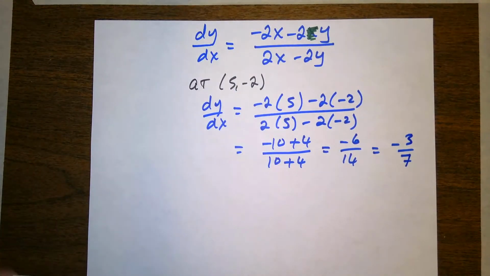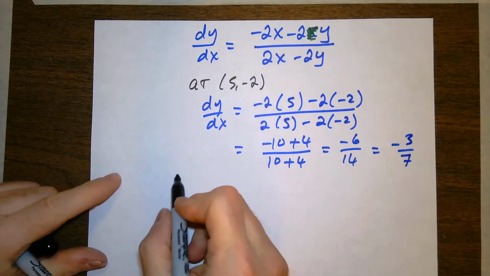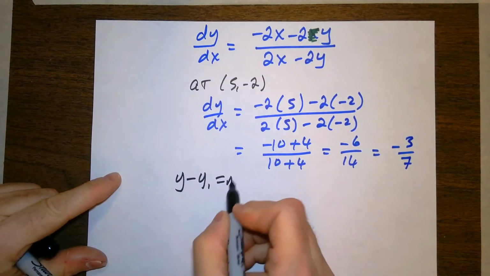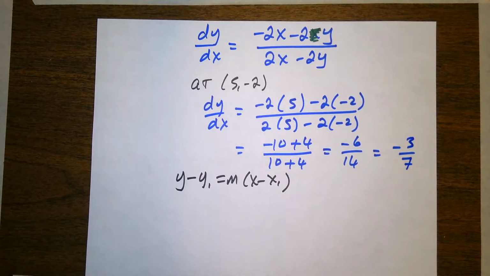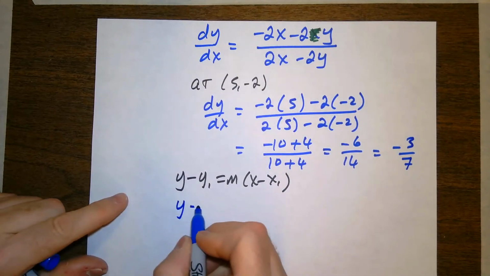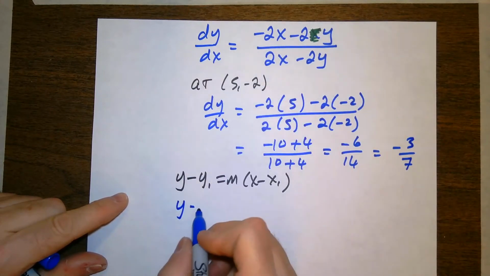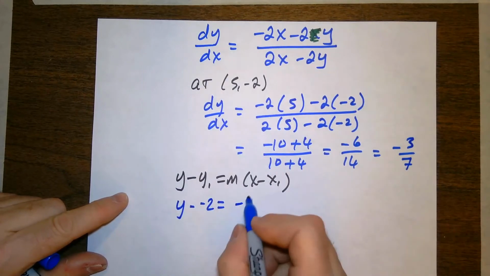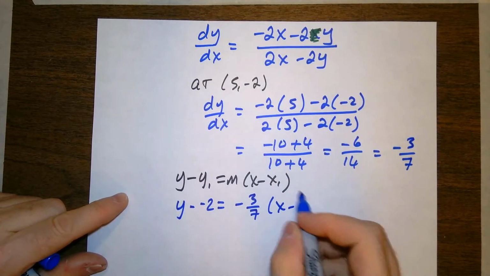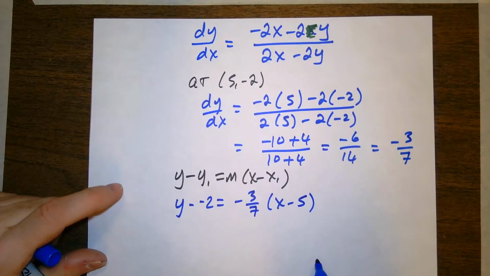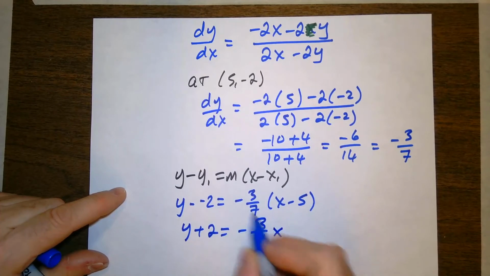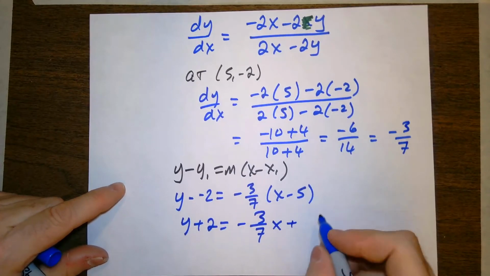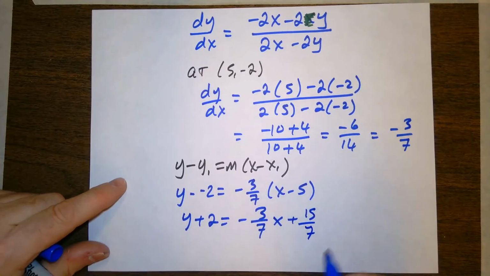So now I'm going to use the point-slope formula. Substituting in, y minus the y value, there it is, -2, equals the slope, -3/7, times x minus the x value, 5. So y plus 2 equals -3/7 (x - 5). A negative times a negative is a positive, 3 times 5 is 15/7.